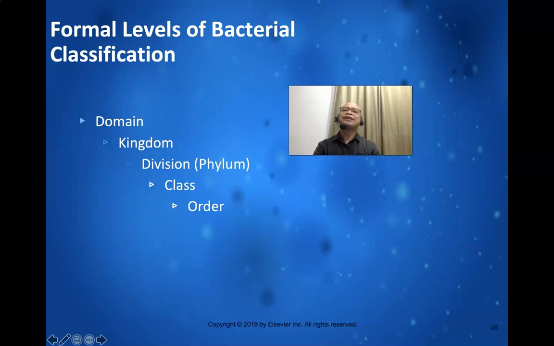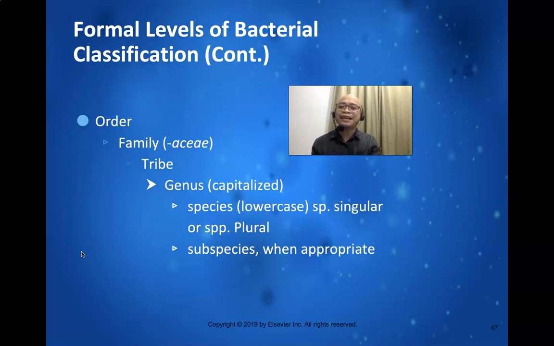Now, since this is bacteriology, it is very important for us to know the different hierarchy when it comes to bacterial classification. Under the classification hierarchy, we have kingdom, division, class, order, family, and for bacteria, the family suffix ends with -aceae.